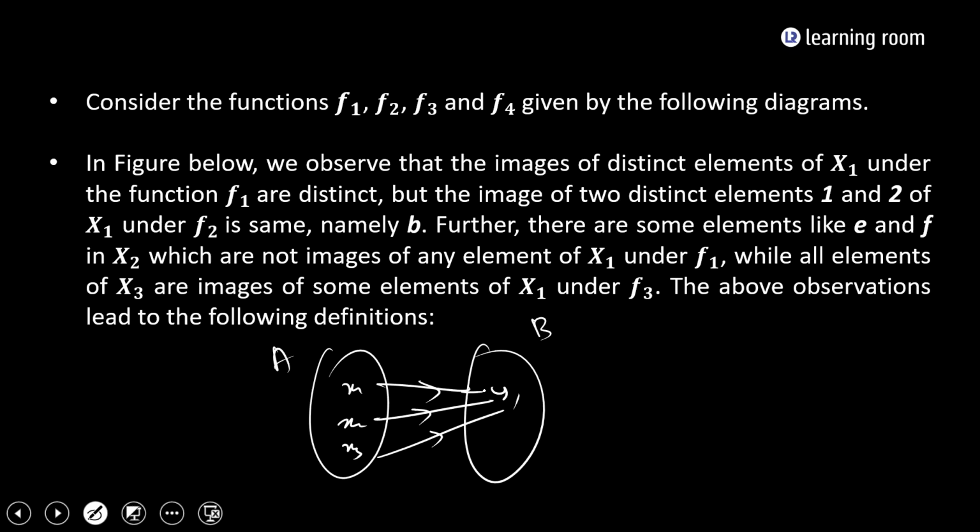And what kind of function is this? Many to one. Is it only many to one? Yes, sir, and onto. It is a many to one and onto. Correct. Right. So this is fine. Okay.